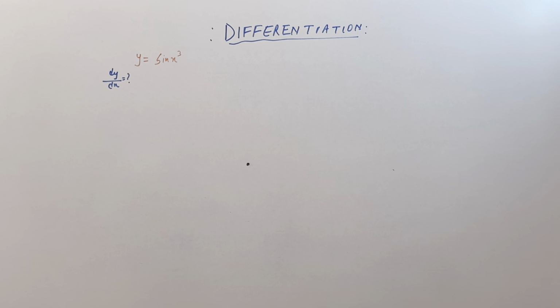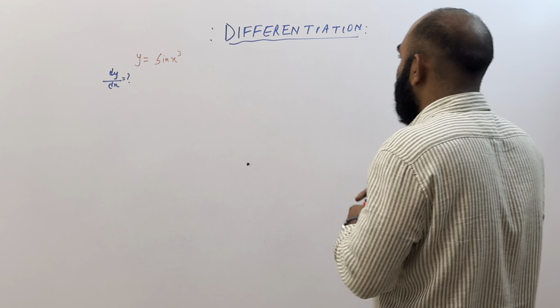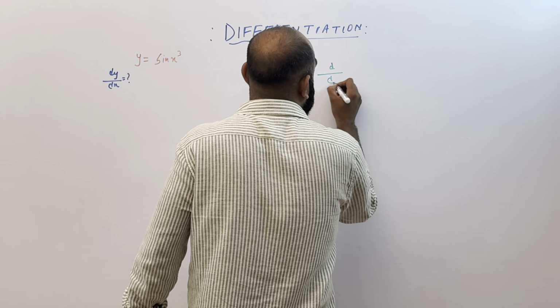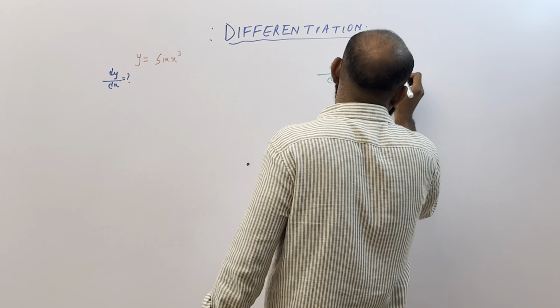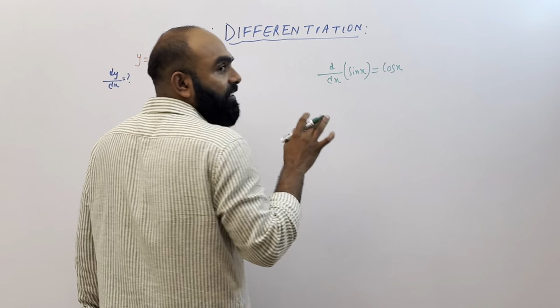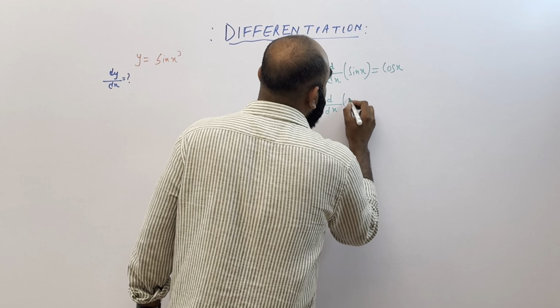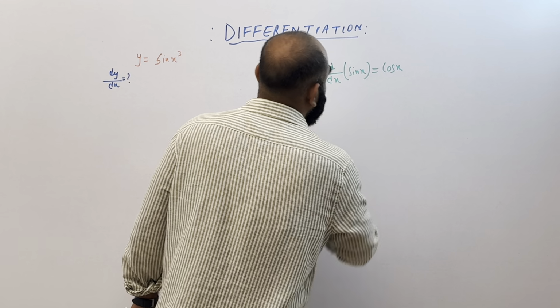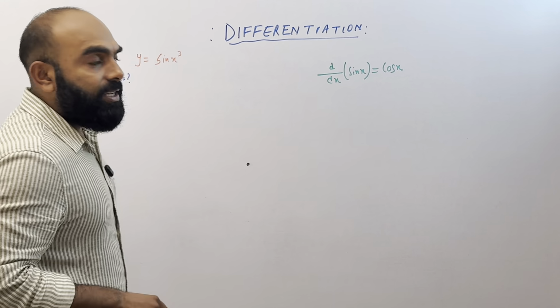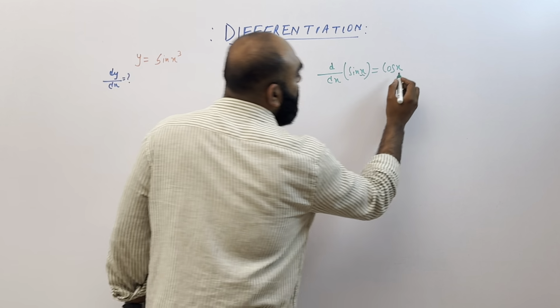Sir, sin x differentiation you taught us, that is cos x. D by dx of sin x is nothing but cos x. Or it's better that you remember it like this: sin theta differentiated with respect to theta is cos theta. Here theta is x, then we got cos x.